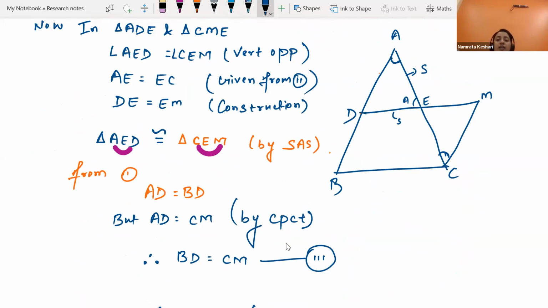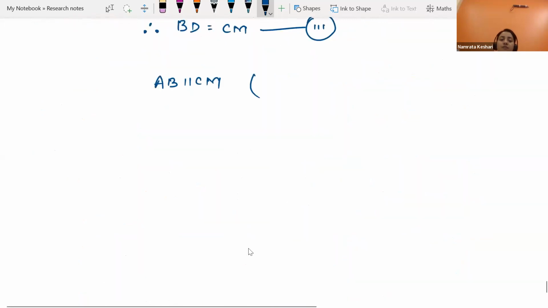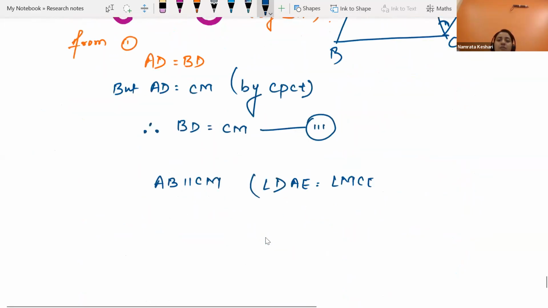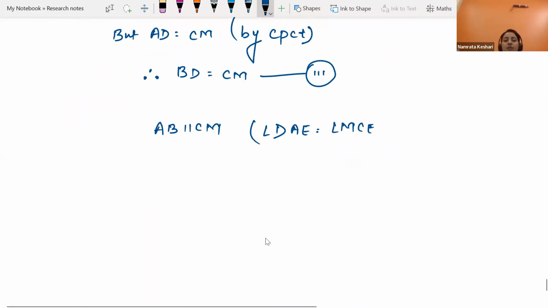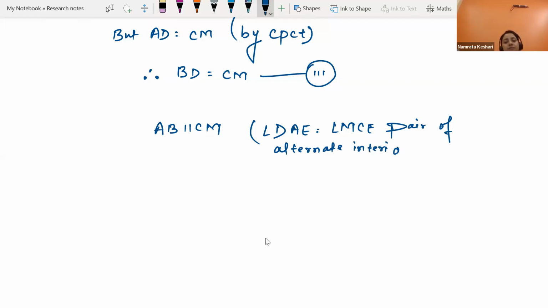So angle DAE is equal to angle MCE, a pair of alternate interior angles. It implies that BD is parallel to CM.